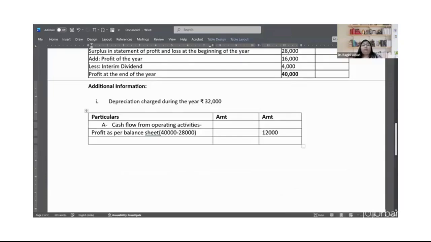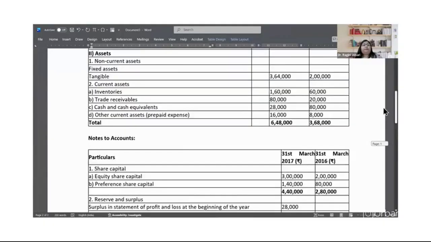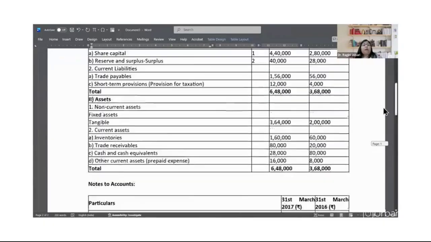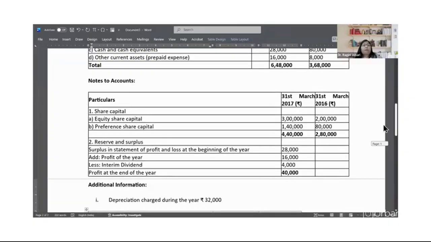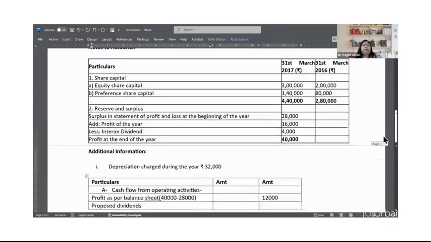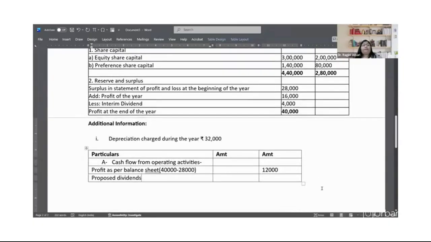Then the next thing that we are going to add is the proposed dividends. Why? Because these are part of the profit of the current year. Now let us see how much are the proposed dividends for the year. This is 4,000.